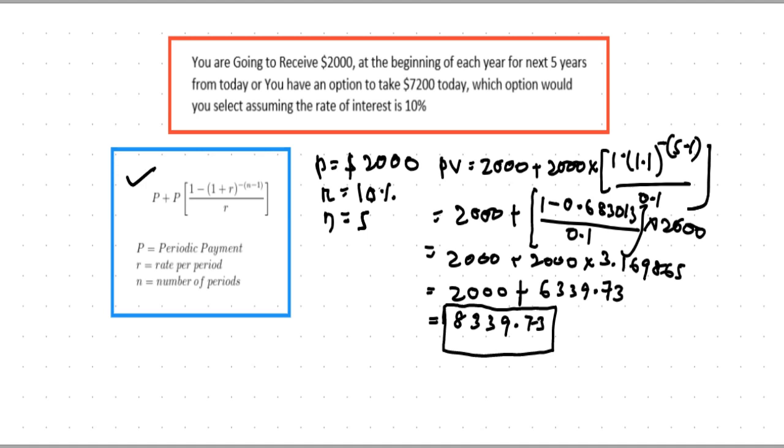So we have discounted the remaining four cash flows for 4 periods. This is the same formula we used for the end of the period annuity, but we are using it for one less period. That is, we are excluding this first cash flow from the remaining 5.